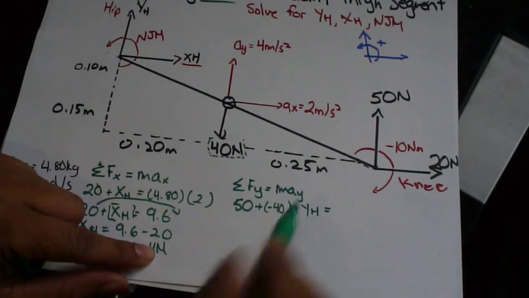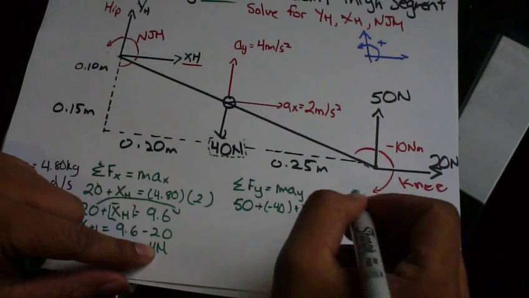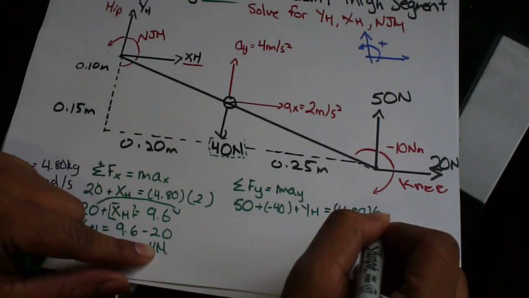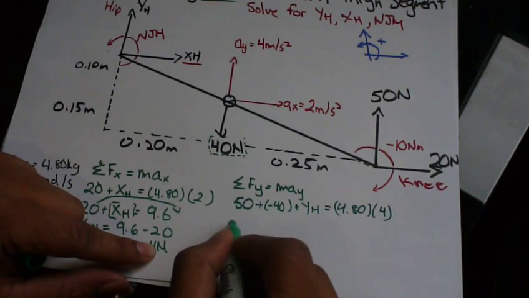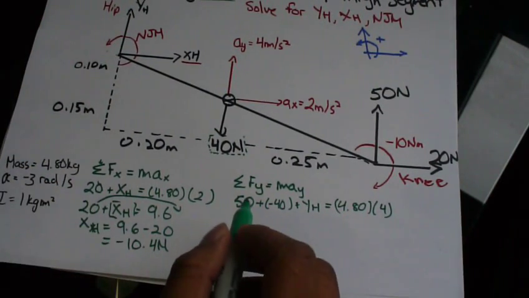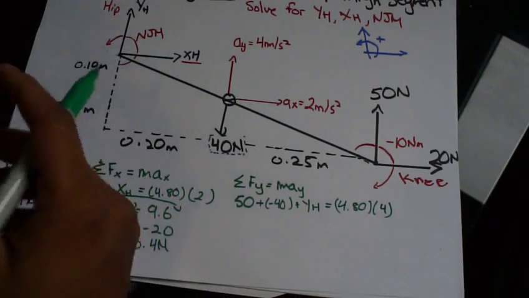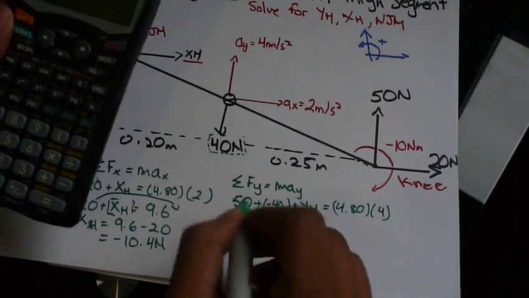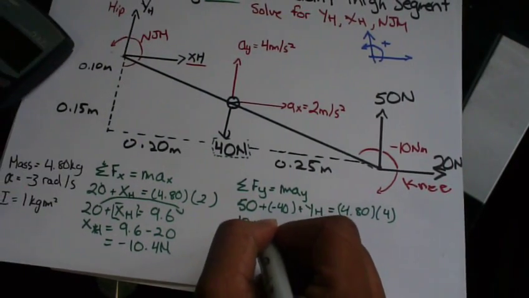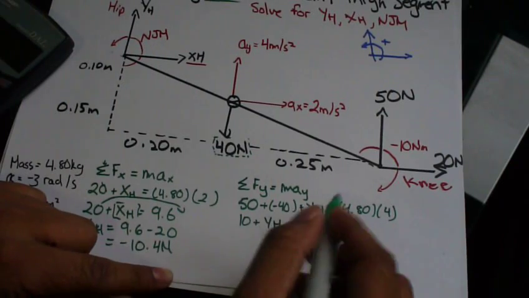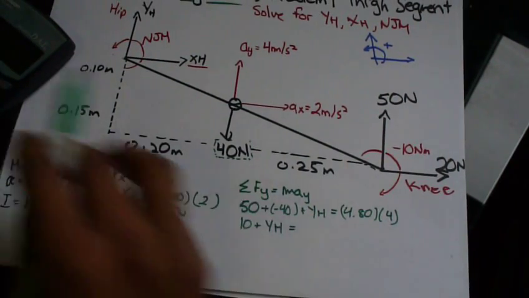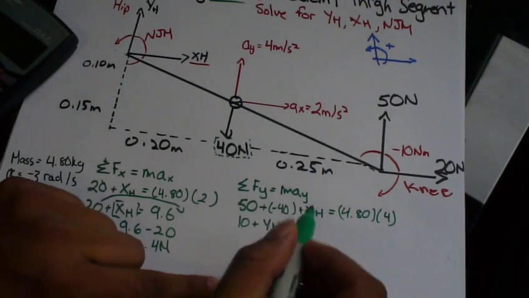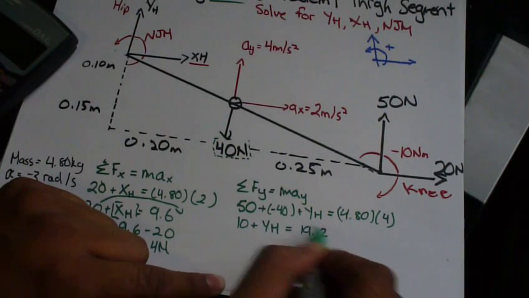This is equal to 4.80 multiplied by 4. And let's do this up quick. My calculator here. So we know this is 10 plus YH is equal to 19.2, but let me verify this with the calculator. 19.2.